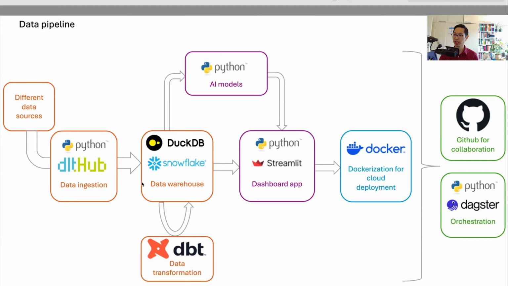However, if you have a super large data set and it's not possible to work with it in duckdb, then I understand that maybe you should choose other tools directly, for example Snowflake, or you could just ingest some part of the data and work with that first locally. And then afterwards, when you have developed this pipeline, it's very easy to deploy it into different clouds. So you can deploy it into Azure, AWS, or Google Cloud.